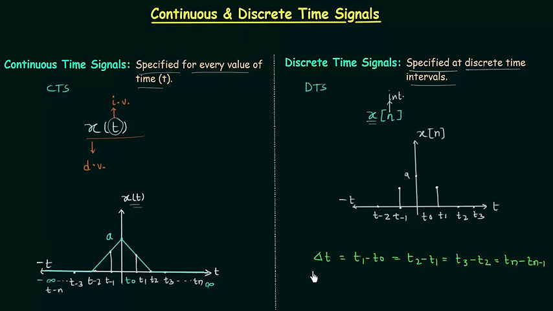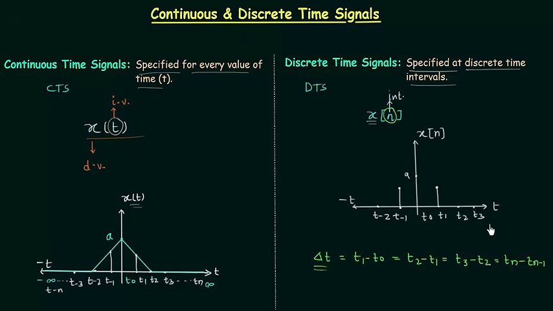If this is true, then we say the discrete time signal is uniformly sampled. When the time interval is the same, the signal is uniformly sampled, and when the time interval is not the same, the signal is non-uniformly sampled. Now we will discuss one very important thing, the existence of this integer.